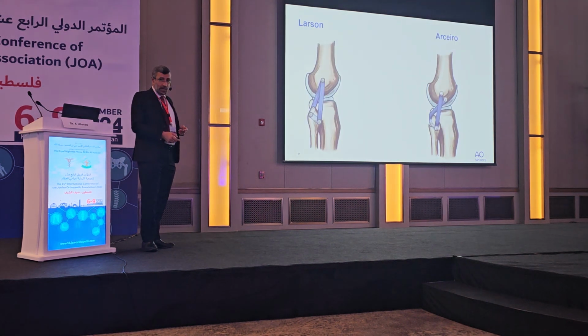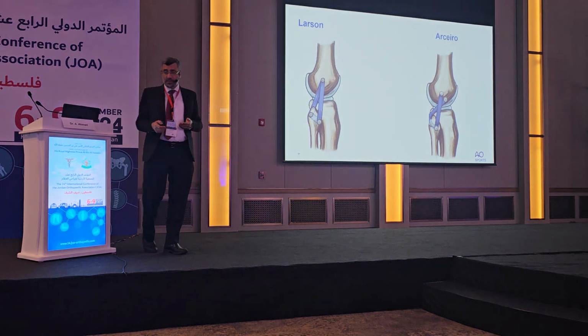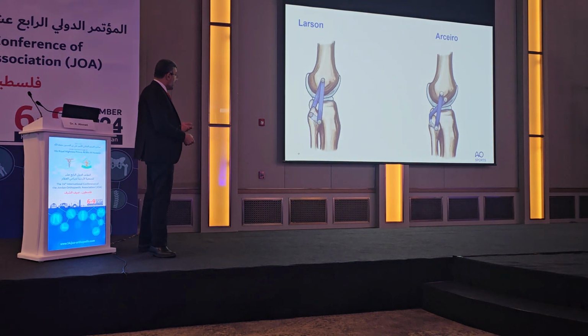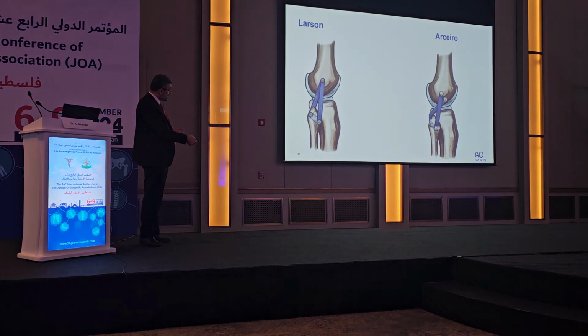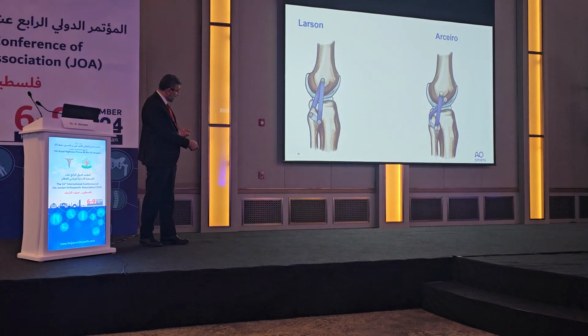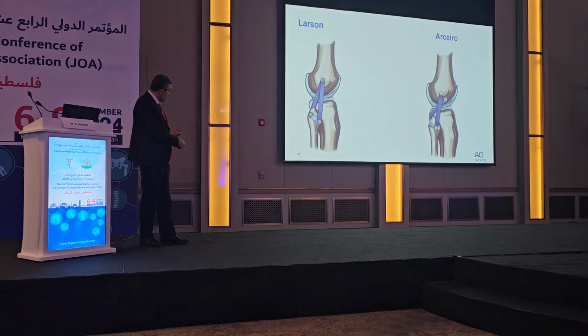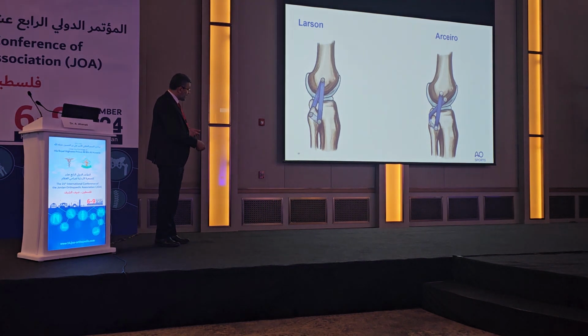Now, you have many techniques. You will see many techniques in the literature. The most commonly used is the Larson technique, or you have this modification, where both strands or both limbs of the ligament go in a common femoral tunnel, and here a different tunnel.